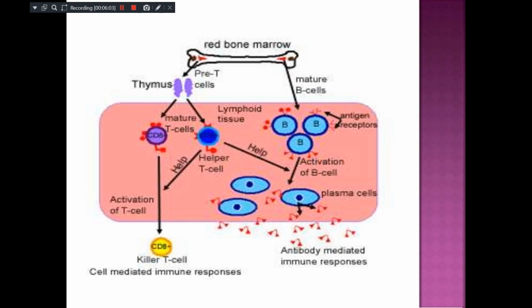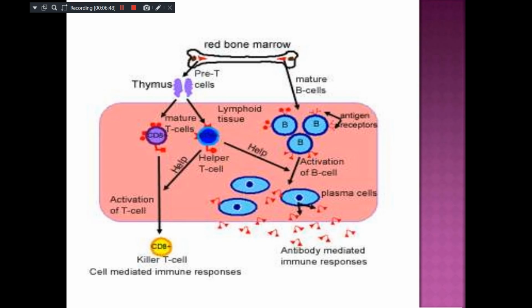But the T lymphocytes are born as stem cells in the red bone marrow, then they reach the thymus, where they are trained and educated, and then become T lymphocytes. As far as the origin is concerned, both are the same. Some mature in the bone marrow and become mature B lymphocytes, whereas some of the stem cells migrate to the thymus gland, which educates and trains them, and they become T lymphocytes.